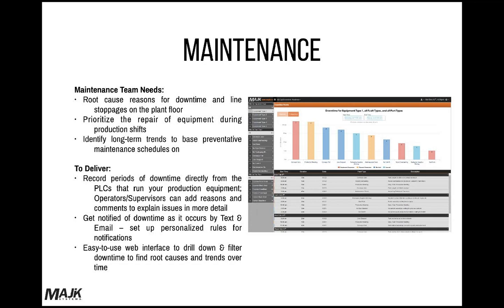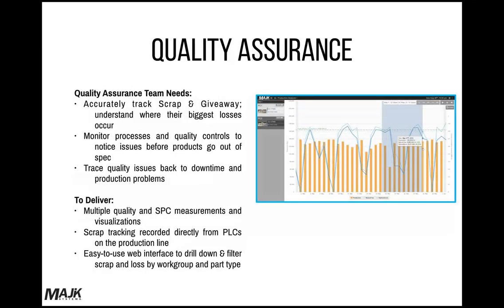They're running around trying to fix different issues time and time again, fixing the same issues because they can't spend the time getting down to a root cause of what's going on. So easy to use interfaces, being able to drill down, getting notified by text or email about downtimes, all really big things that maintenance looks for.